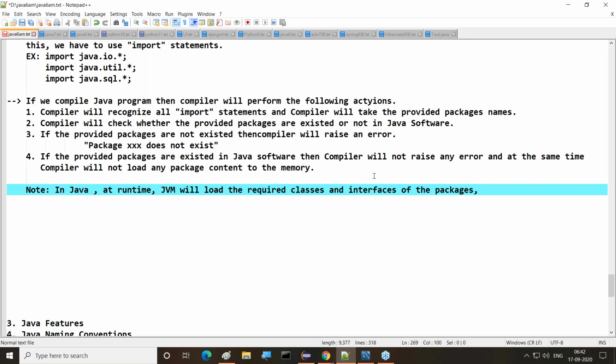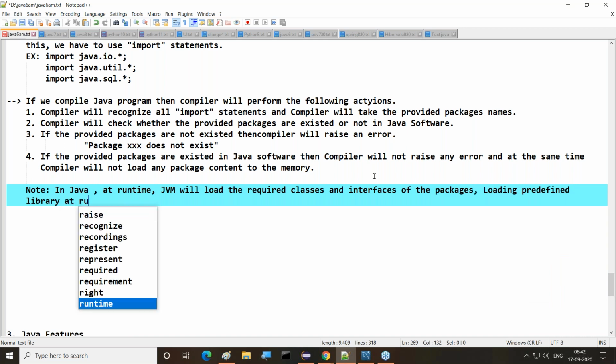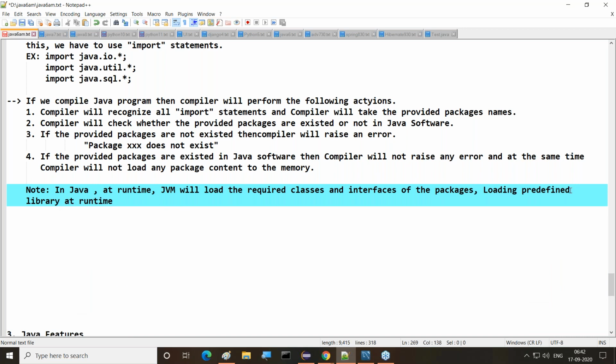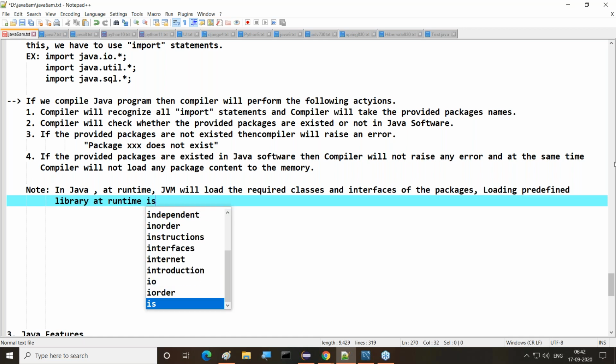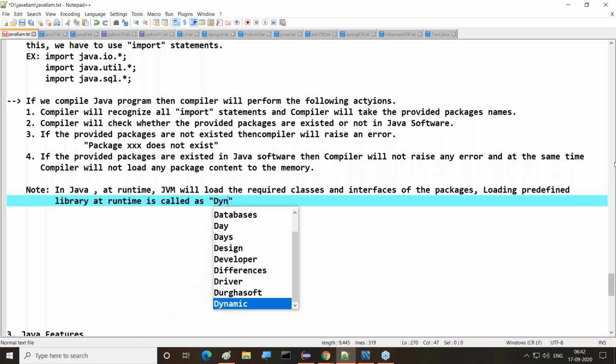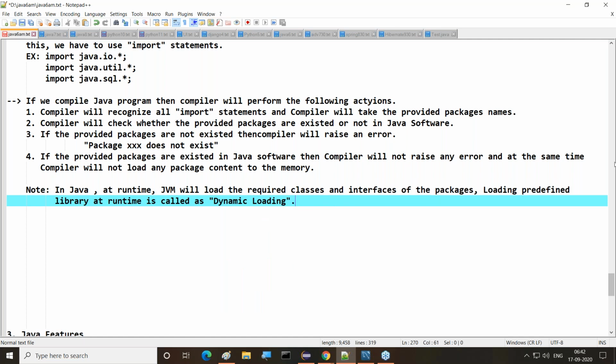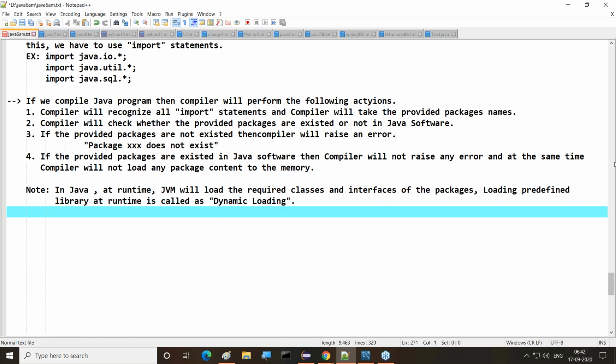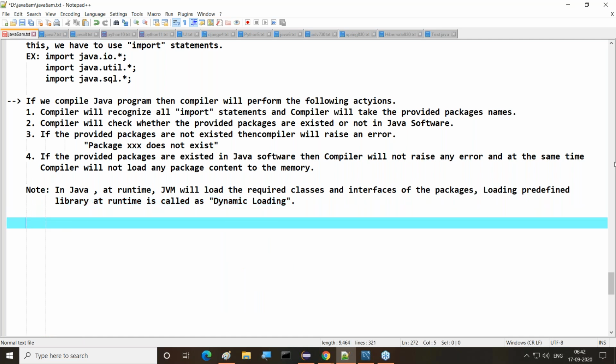Good. The point is what? Loading the predefined library at runtime is called dynamic loading. Finally, what is the job of the compiler and what is the job of the JVM? If you observe this point, what is the answer I'm telling you?